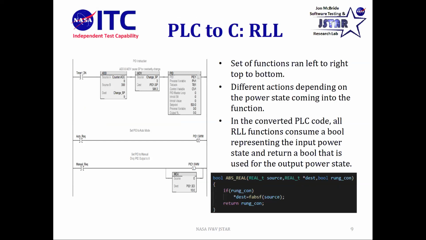It's a set of functions that run left to right, top to bottom on rungs, and they take different actions depending on the power state coming into the function. In our example to the left here, you have a timer, which if it is done will turn a switch on or off, allowing power to move through this function. How the blocks afterwards, like the add, move, and PID, react will depend entirely on the state of that timer.